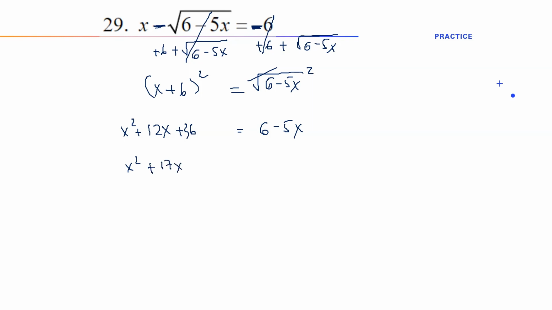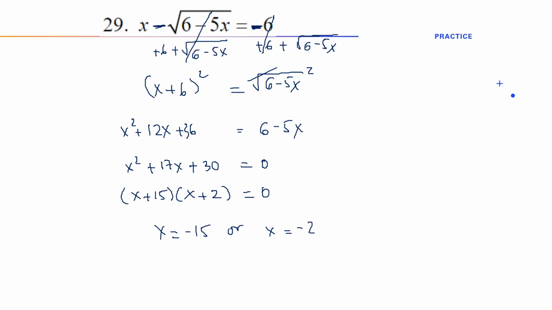We have 12 and then negative 5, so add 5 both sides. Plus 30 equals 0. Two numbers multiply equal 30, add up to 17. That's 15 and 2. X equals negative 15, or x equals negative 2.